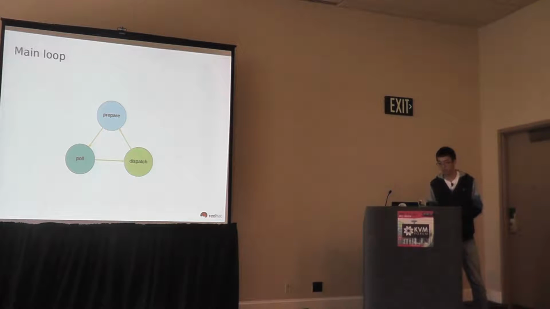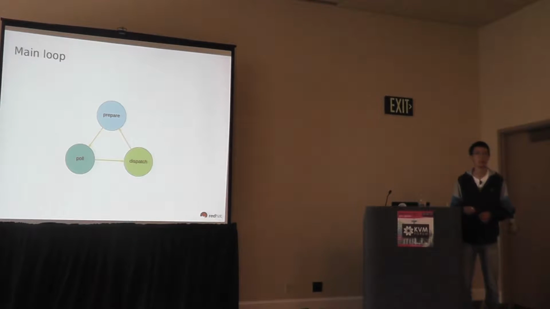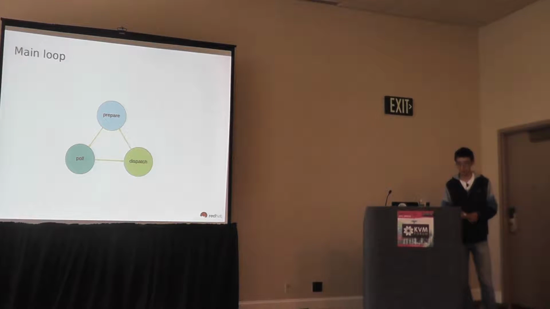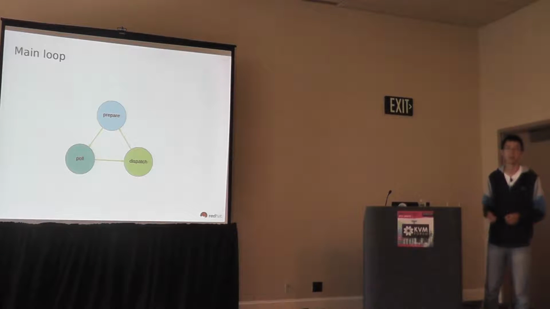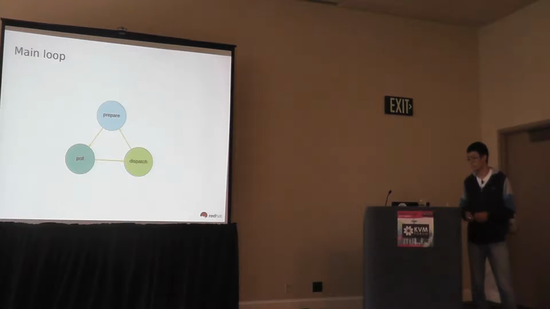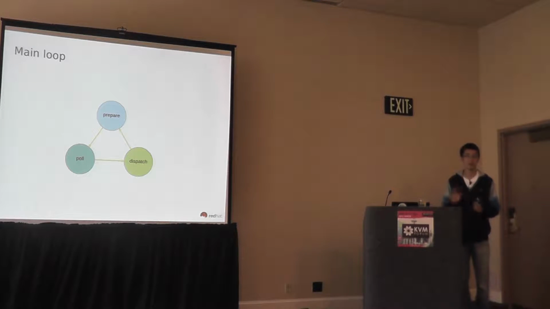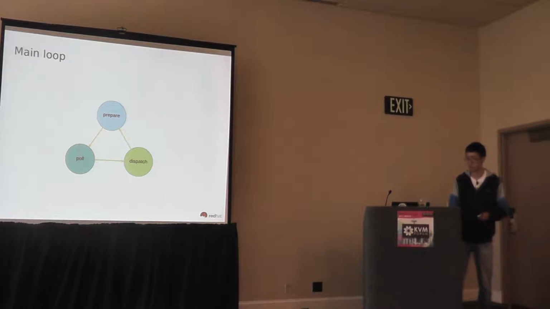Once you are prepared, you can do the poll. The poll basically watches for new events from the kernel so that whenever any I/O happens, you get notified, and you go on with the event loop into the dispatch step. In the dispatch step, you dispatch by calling into different callback functions that are registered by various subsystems.